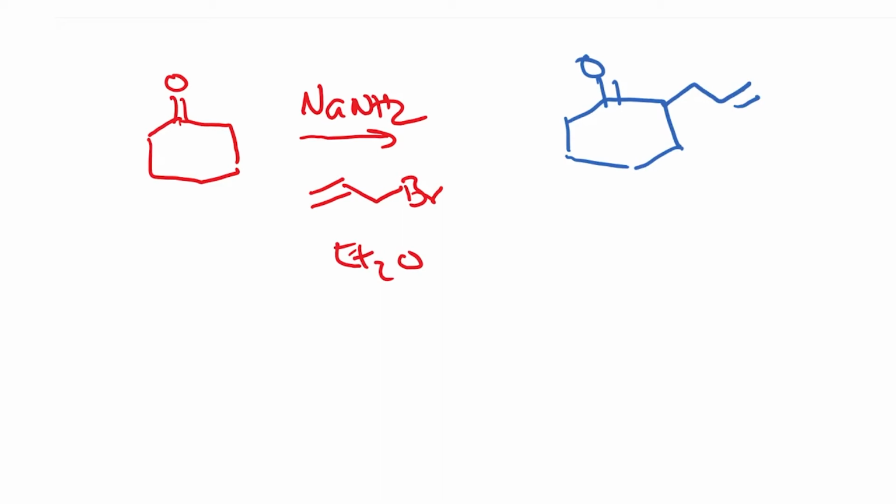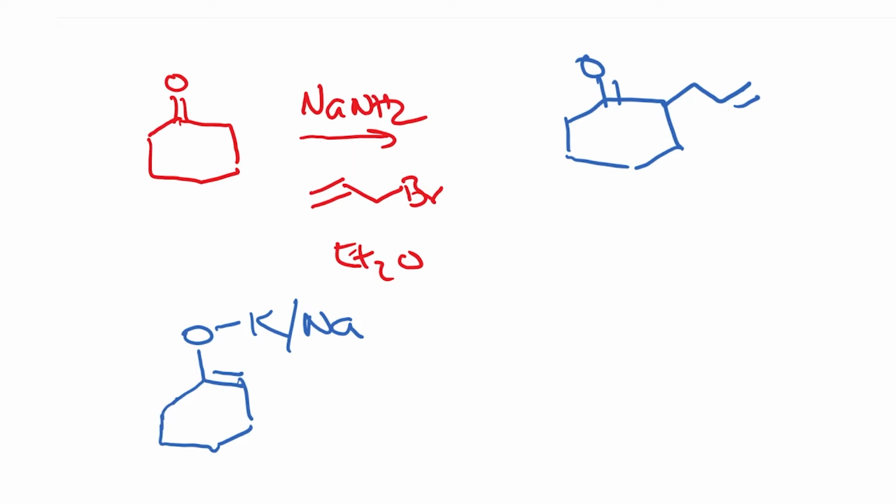Basically these are potassium or sodium enolates, and they can be generated by using the corresponding potassium or sodium salts.